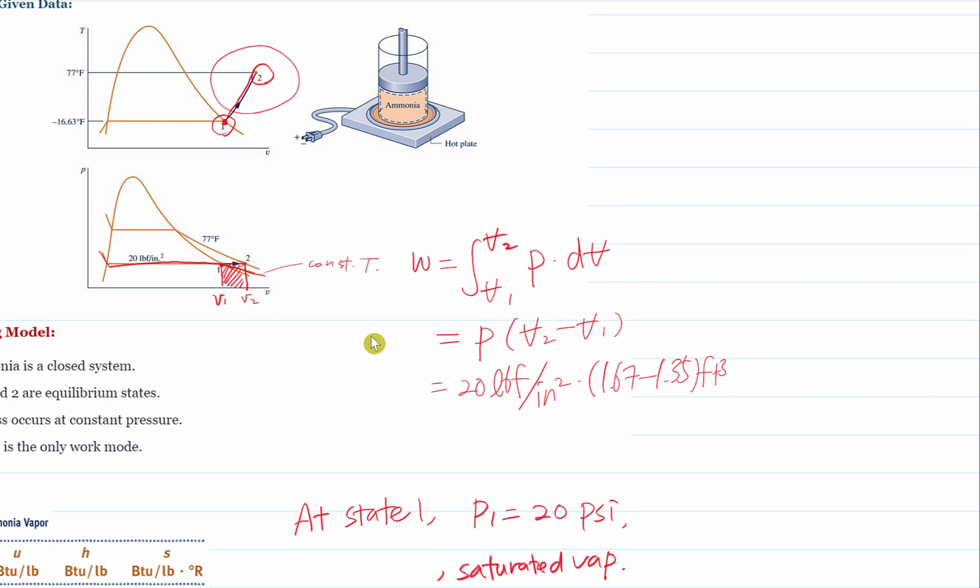We cannot multiply inches by feet, so use the unit conversion. It asks us to provide the work in BTU. 1 BTU equals 778 foot-pounds force. Final answer: 1.18 BTU.